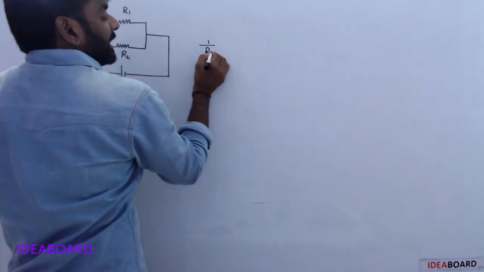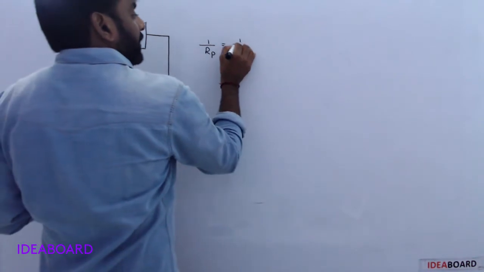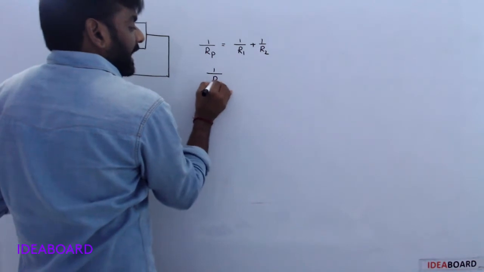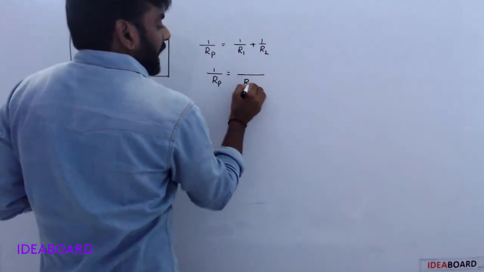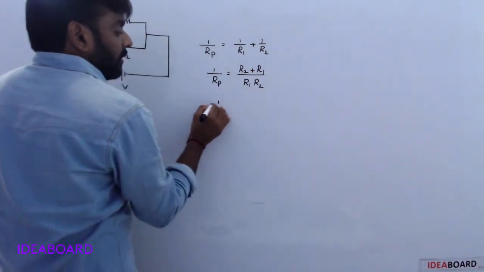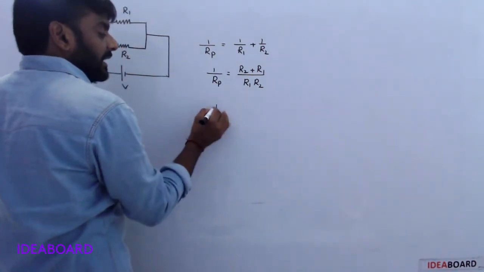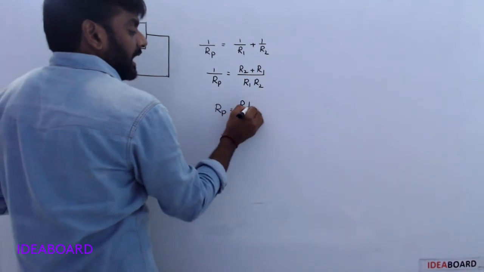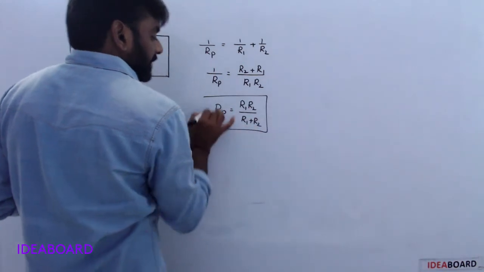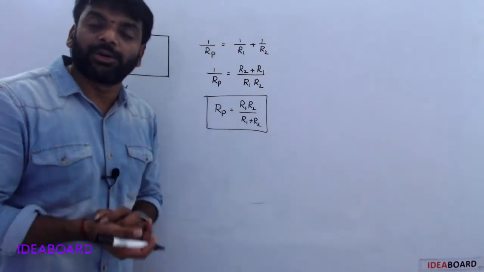Now, effective resistance in parallel combination: 1 by R sub p is equal to 1 by R1 plus 1 by R2, which gives (R1 plus R2) by R1 R2. So R sub p is equal to R1 R2 by R1 plus R2. Understood? R1 R2 by R1 plus R2 is the effective resistance.